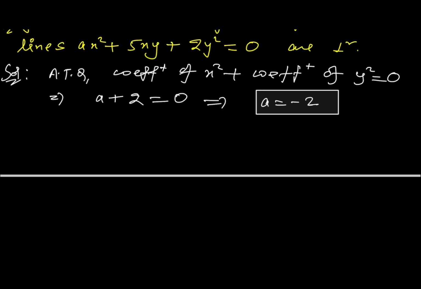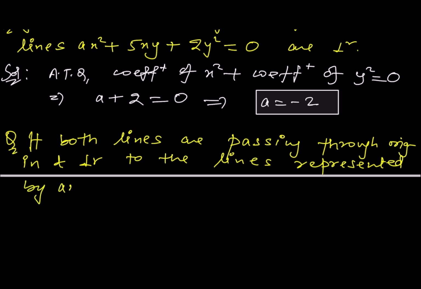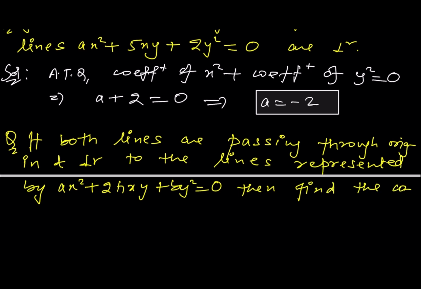Now let us take another question. Question is, if both lines are passing through the origin and perpendicular to the lines represented by ax square plus 2hxy plus by square is equal to 0, then find the combined equation of lines of that pair.